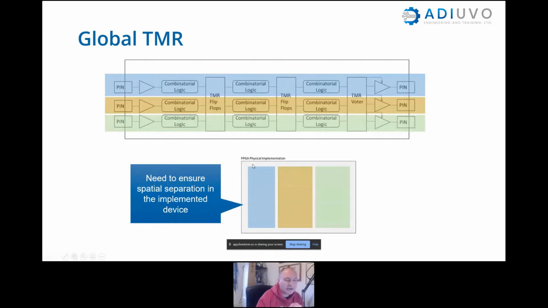And then to get that to fit in our FPGA, we need to do some physical functional isolation in our FPGA to separate the three elements. And if we're using a Xilinx FPGA, we can use tools such as the isolation flow to actually give us this isolation between functions.